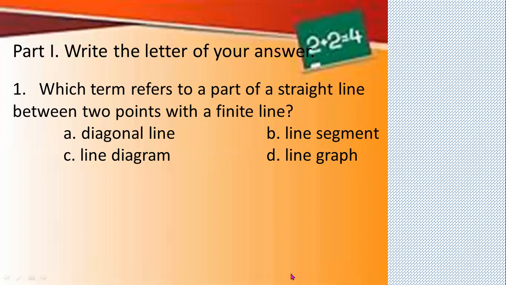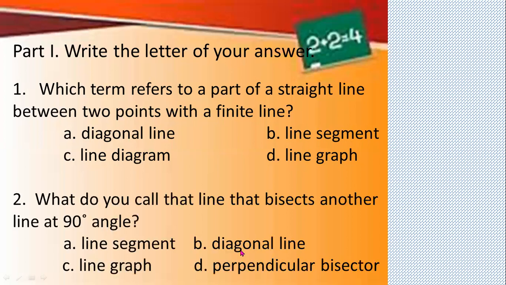All right, number 2. What do you call the line that bisects, meaning crosses a line at 90 degrees? All right, what do you call that line that bisects another line at 90 degrees angle?